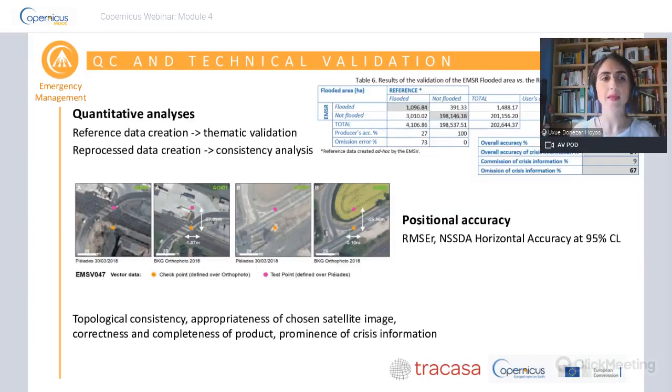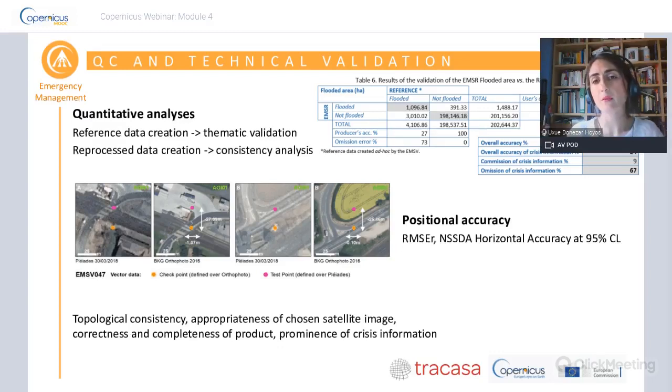So in the scope of the validation, the quality checks and technical validation, which is a great part of our job, involve quantitative analysis of the quality of the product. What we do is create reference data, the reference crisis information, and validate the product. Or we reprocess the data created by the service providers and carry out a consistency analysis.